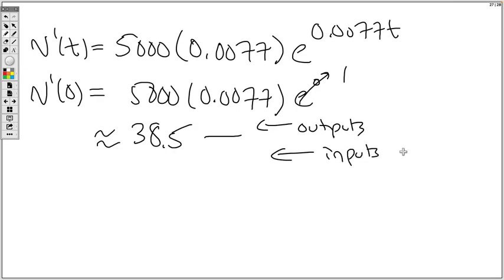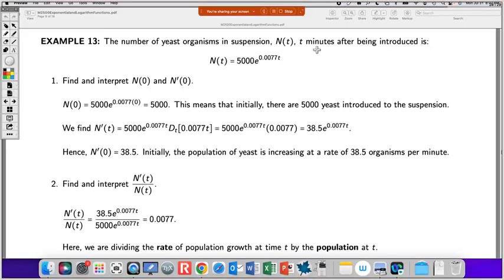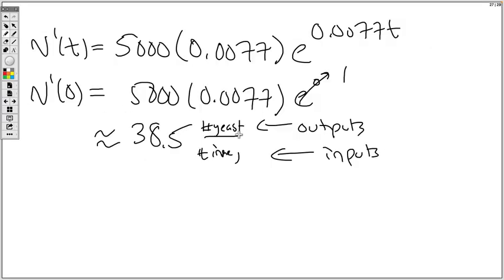What are the outputs of this function? The outputs are the what? Number of yeast. And the input is the time measured in what? Minutes. So that's the number of yeast per minute.